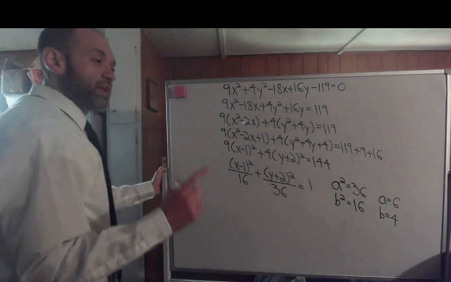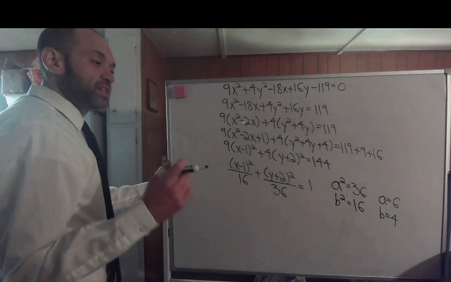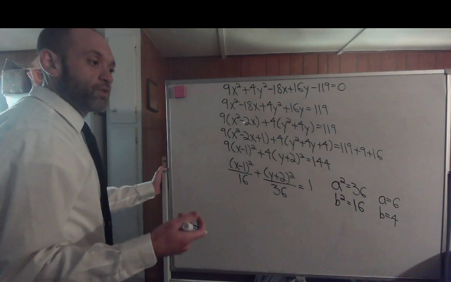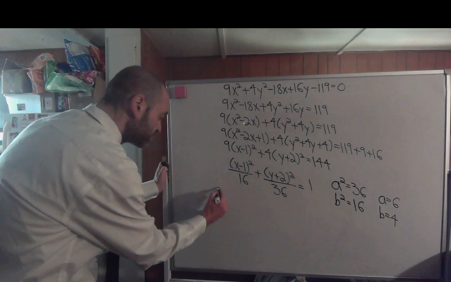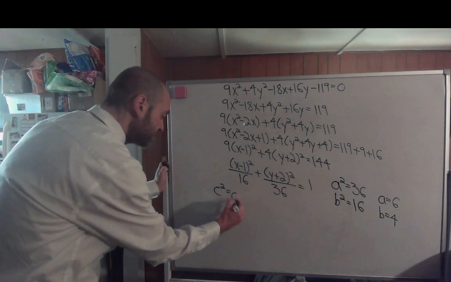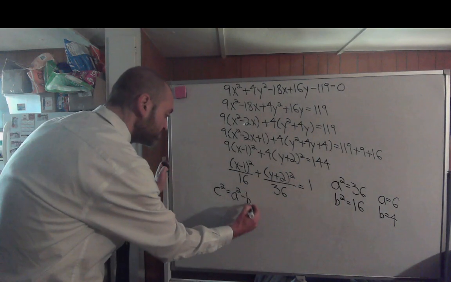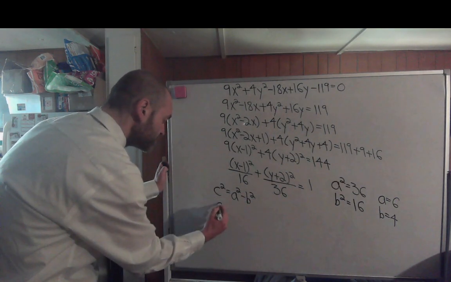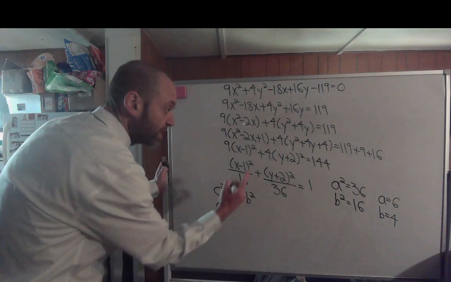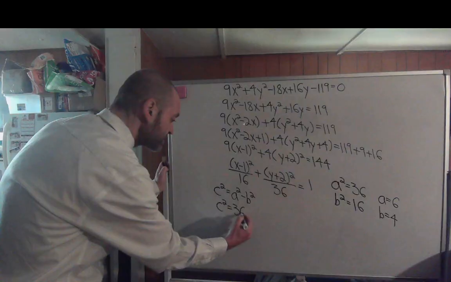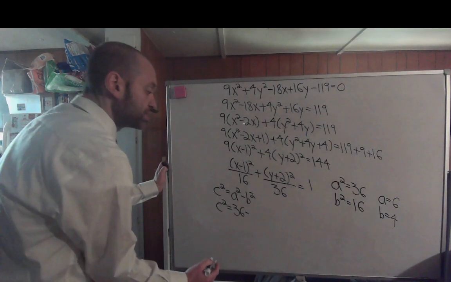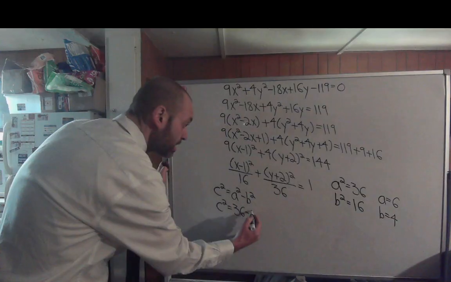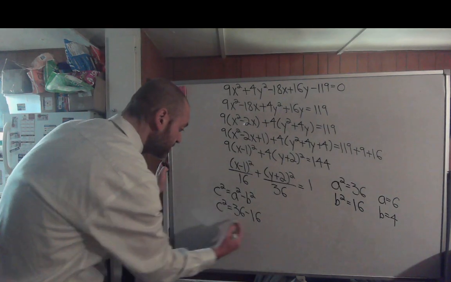Now, how do you go about finding c squared, which is to get your foci of an ellipse? Well, that is always c squared equals a squared minus b squared. So c squared equals, the a squared is 36 minus b squared, which is 16.